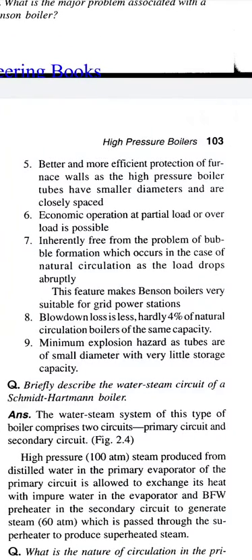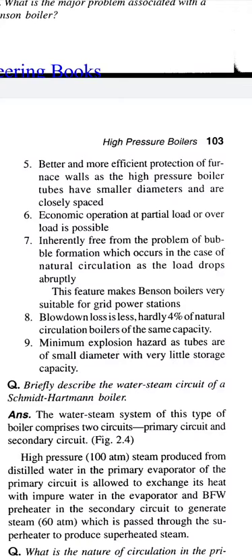Better and more efficient protection of furnace walls, as the high pressure boiler tubes have smaller diameters and are closely spaced. Economic operation at a particular load or overload is possible. Inherently free from the problem of bubble formation, which occurs in the case of natural circulation as the load drops abruptly.